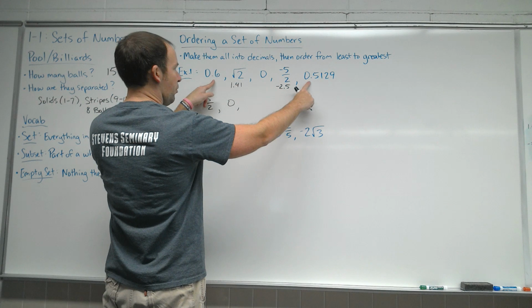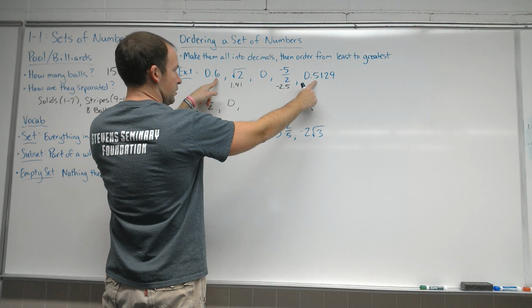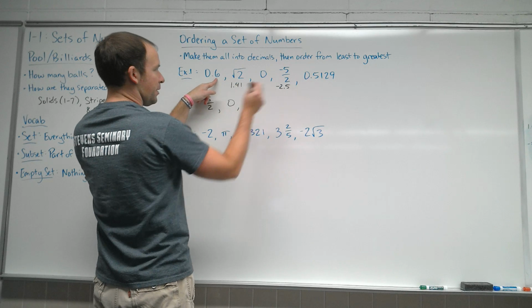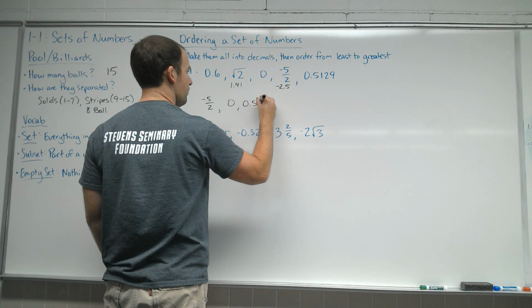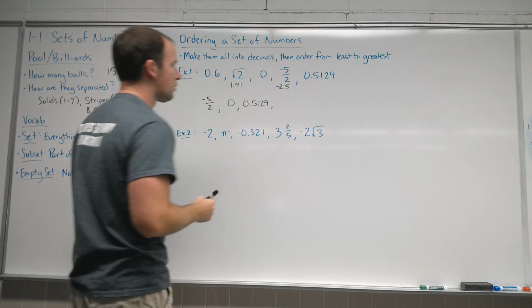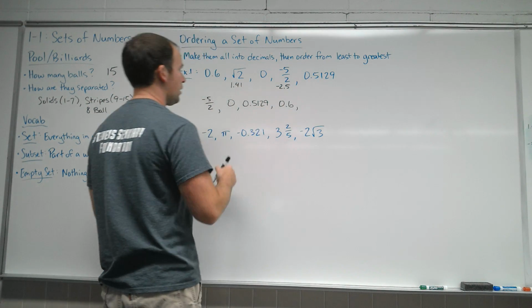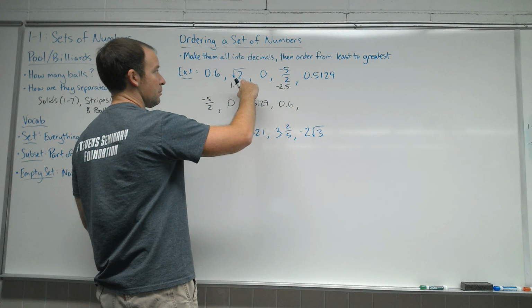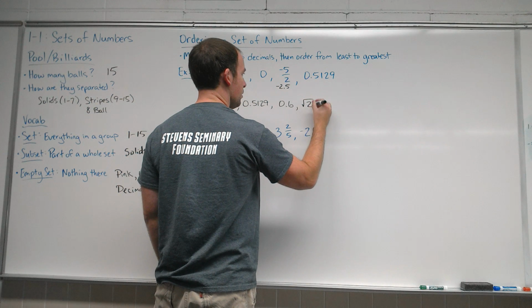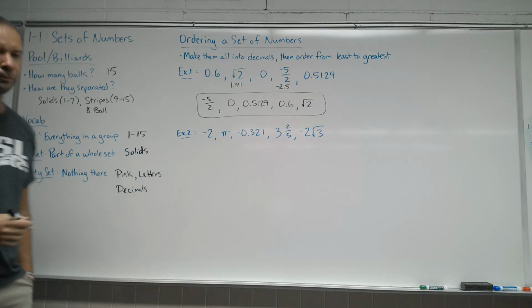So it's 0 point, okay, and then 5 is smaller than 6. Okay, so this is about 5/10, that's about 6/10. This is the smaller one, 0.5129, then 0.6, and then 1.41 would be the next biggest, and the biggest one up here. We'll put it back in its original form as a square root of 2.